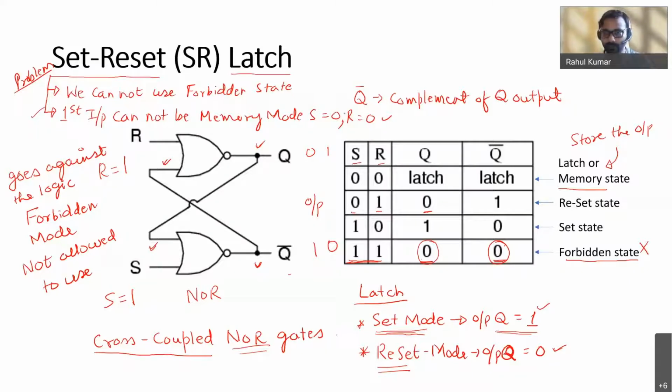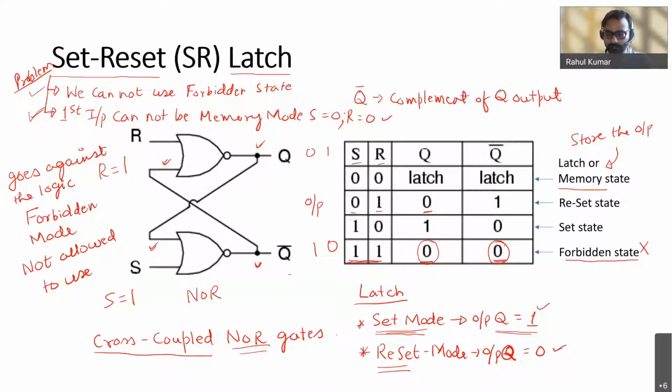How your further outputs will go wrong. Okay, quite simple and straightforward. But if you are interested, you can have a look at that. So these are the two basic problems in your SR latch, right? We'll solve them in further latches.